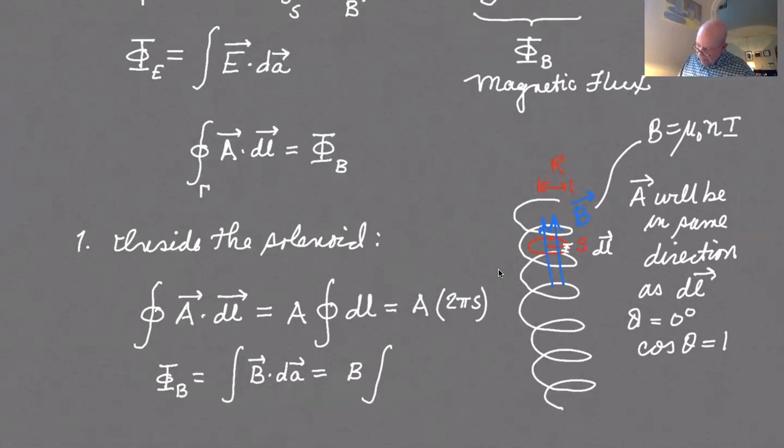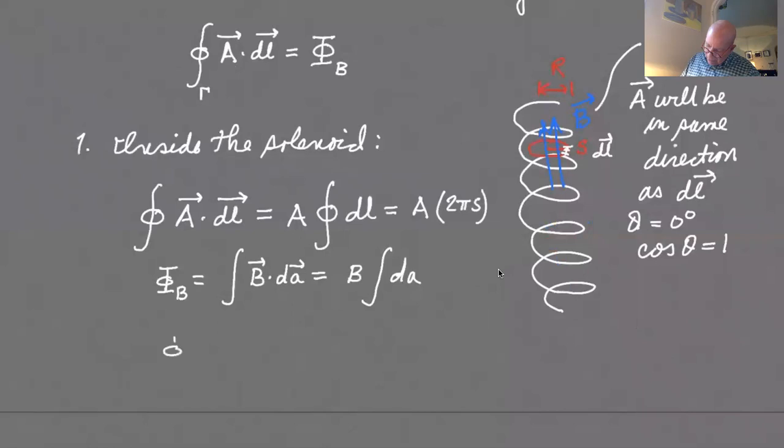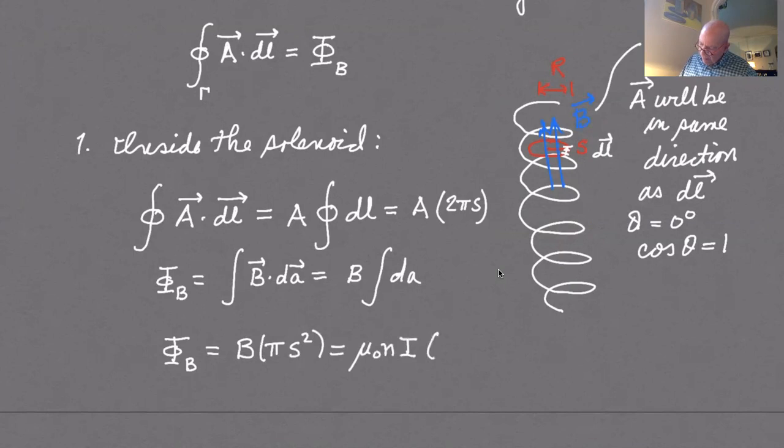The flux is then B times the area of that red circular loop, which is pi S squared. So it's mu naught N I times pi S squared.